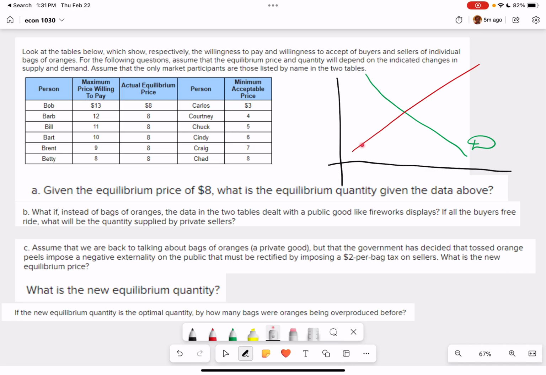And so it goes. So we go down on willingness to pay and up on acceptable price up until the two even out at the same price, which happens, we compare, we're good to go up until still good to go here, but the last row 8 and 8 they match.